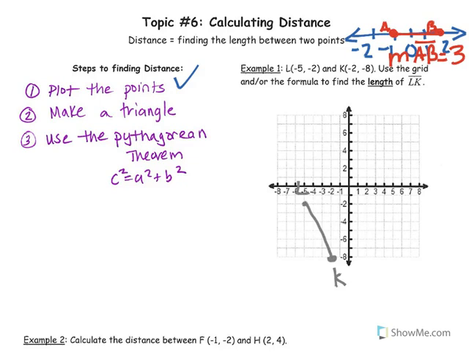Step 2, we're going to make a triangle. So I'm actually going to take my 2 endpoints and connect them by counting vertically and horizontally. And if I connect these 2 at this point, that makes a right angle, okay? So now notice I have a right triangle, right? I'm going to add a little mini step in here.